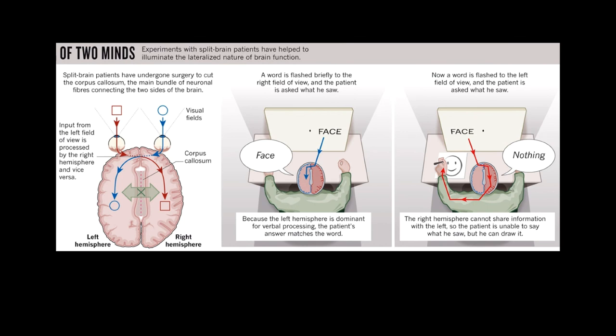And so if the person is asked a question, only the left hemisphere can respond verbally, because only the left hemisphere in most people is capable of speech. Therefore, if the information was shown on the left side and processed by the right half of the brain, the left hemisphere cannot answer that question. It didn't see the information. But if the left hand is provided a way of communicating, for example, by drawing, it can then communicate that information.